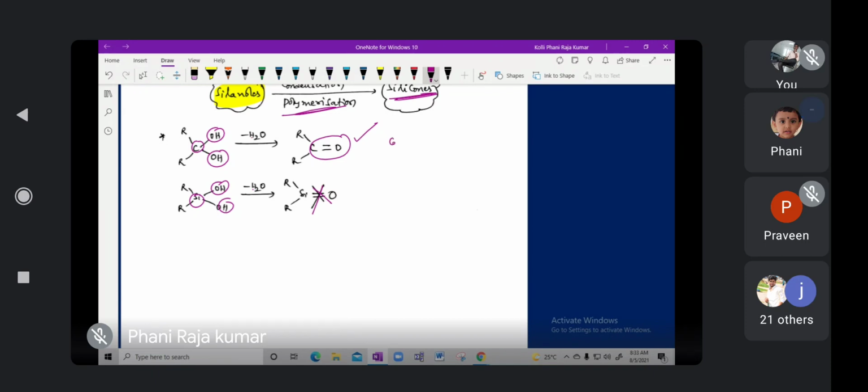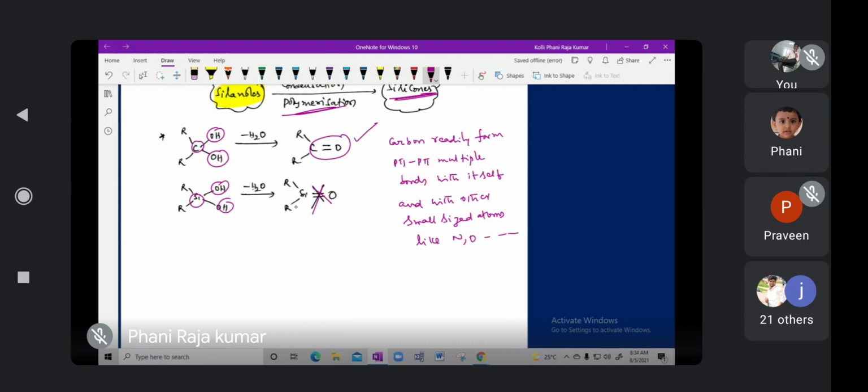One point I am writing here: carbon readily forms p-pi multiple bonds with itself and with other small sized atoms like nitrogen, oxygen, etc. C triple bond N, C double bond N, C triple bond O, C double bond O, C double bond C, C triple bond C. Like that, carbon readily forms p-pi multiple bonds with itself and with other small sized atoms because of its small size.